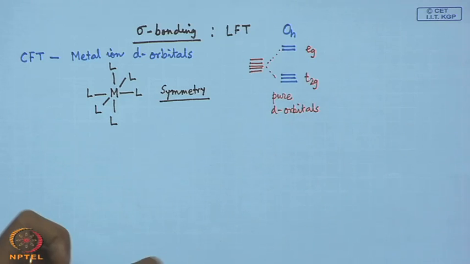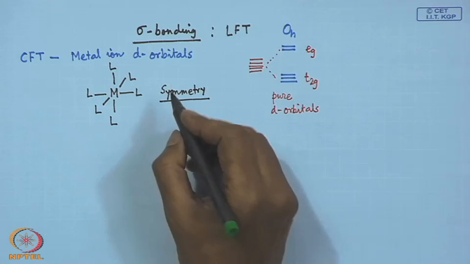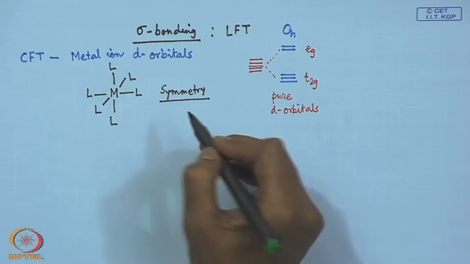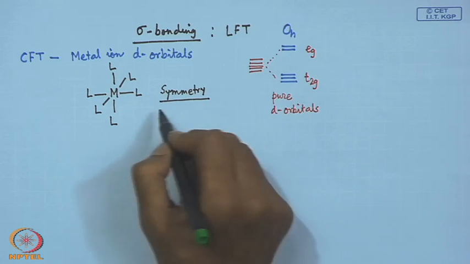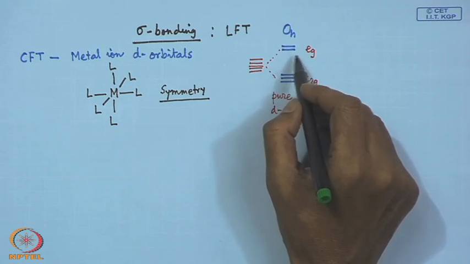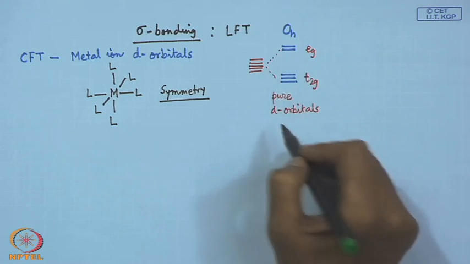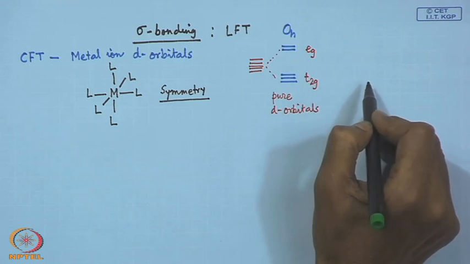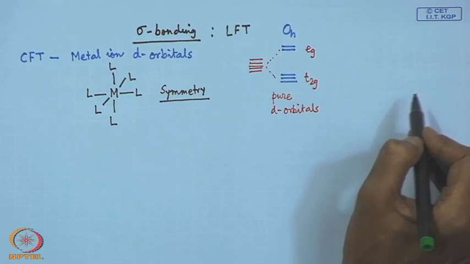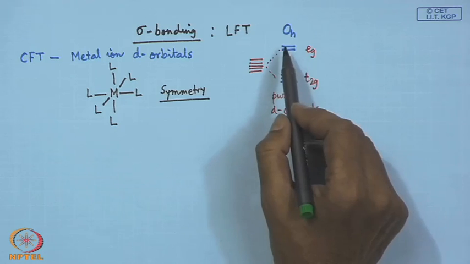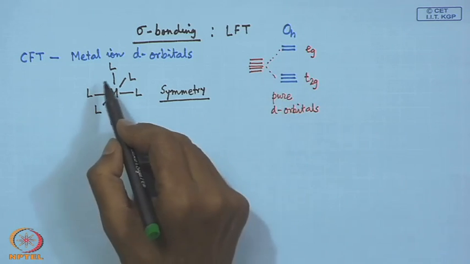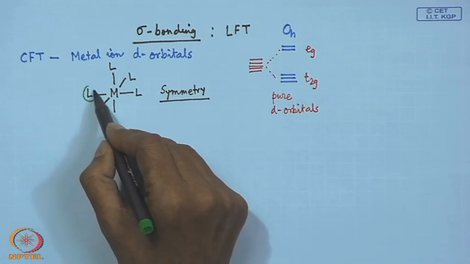The symmetrical arrangement of the different ligands, and how they surround the metal ion, that means the symmetry of the placement of the ligand system, shows what type of splitting we can have, whether a typical octahedral geometry, tetrahedral, square planar or square pyramidal geometry. That is the information we get about what type of crystal field is imposed by the presence of these ligand systems.